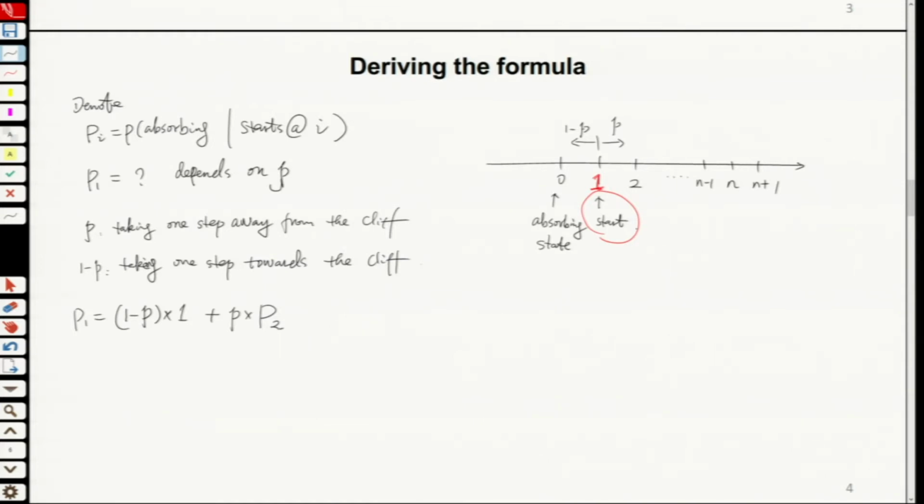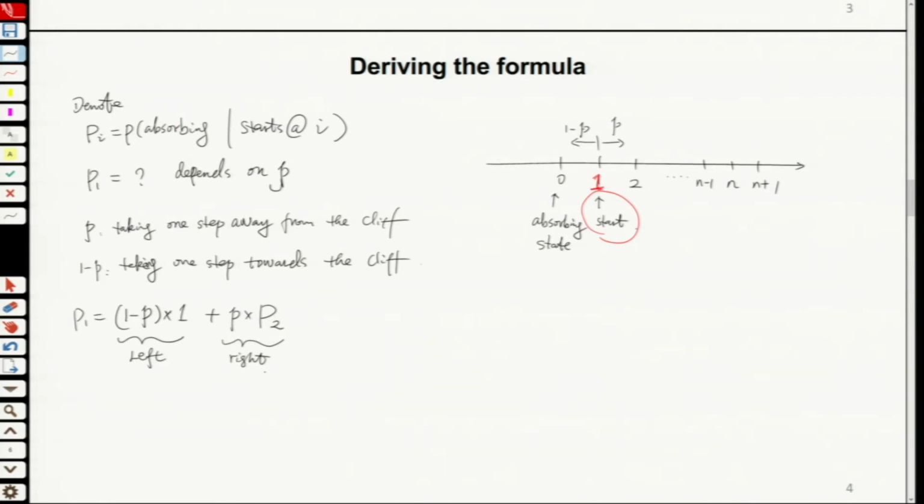So what is this part? This part means goes to the left, okay? And at step 1, this part is goes to the right. And if the person goes to the right, this is absorbing later. This is absorbing right away, right? Okay?